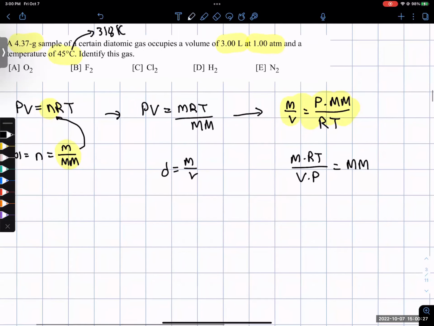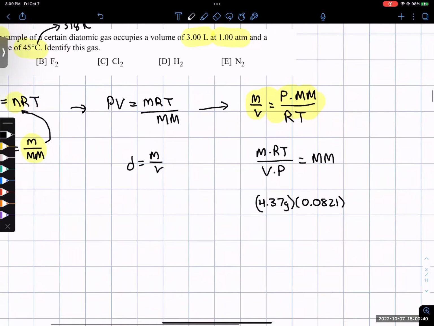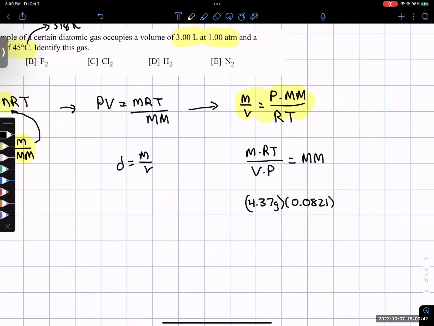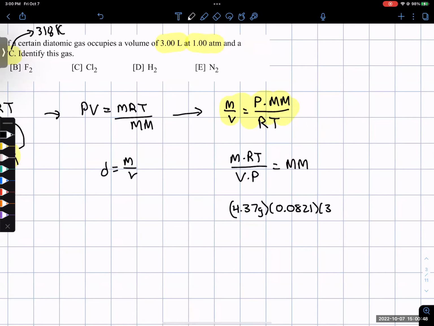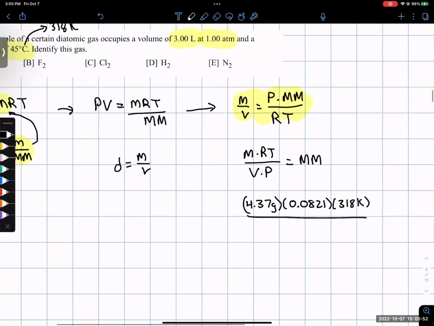So this is equal to 318 Kelvin. If we plug everything we have in, we get 4.37 grams, 0.0821 for the R, which is a constant, right? We know that, we memorized that. That's not something that they gave to us. Next is the temperature, which we said is 318 Kelvin. And then the volume, which is 3 liters, and then 1 atmosphere pressure.